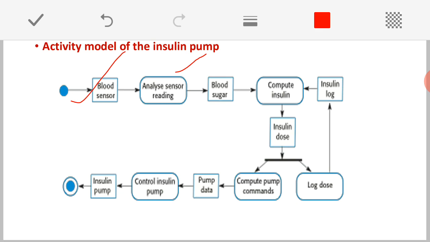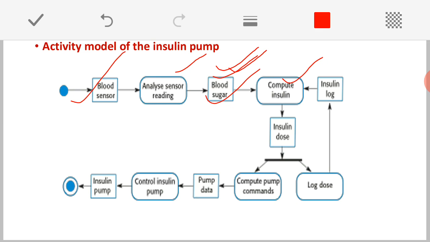Then we analyze the sensor reading, and we will come to know what the sugar level is. Is it clear? Based on the blood sugar level, we are going to compute the insulin. Once the insulin is computed, that dose will be stored here, meaning how much dose we need to give.